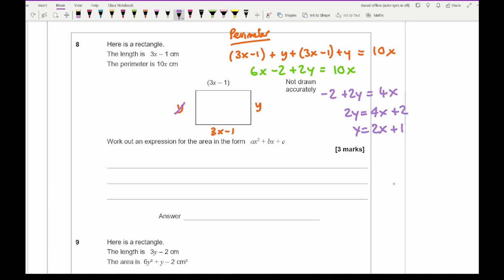So then I can write this as 2x plus 1. So then the area is going to be equal to 2x plus 1 multiplied by 3x minus 1, and that gives me an expression of 6x squared plus x minus 1.